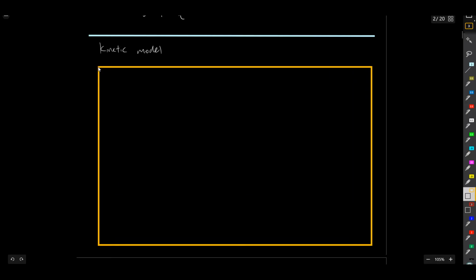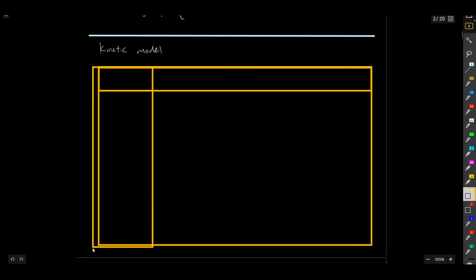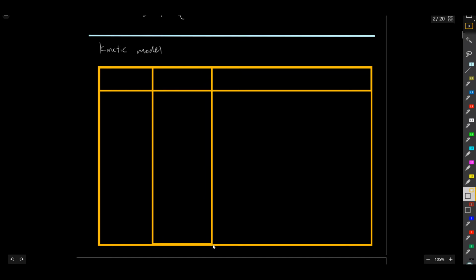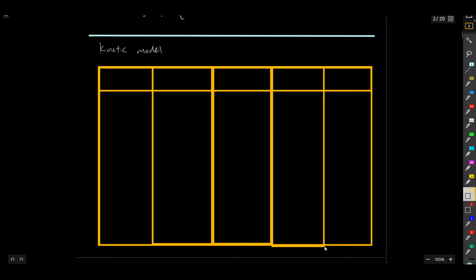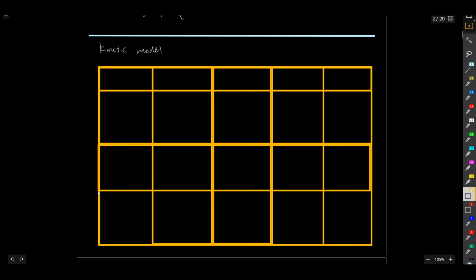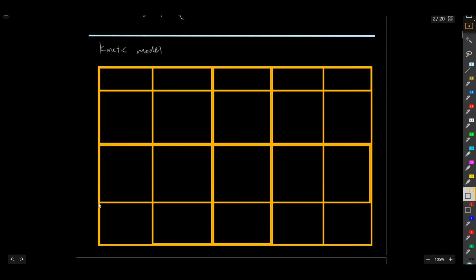The main thing that you need to remember in this chapter is just solid, liquid, gas, and how they behave in different manners. So let me just draw a table for you. There are four main categories to remember. I won't really write out everything, because I think this one is really pure memory work, and I don't think y'all need to memorize much.